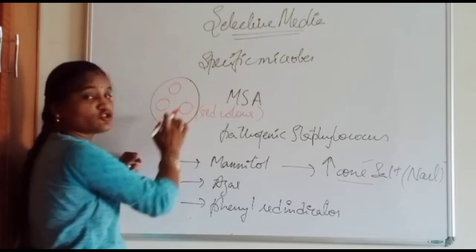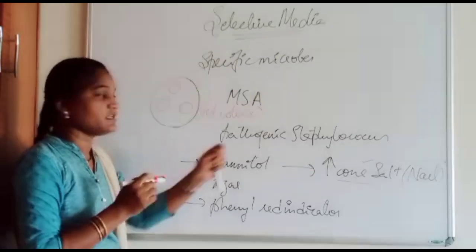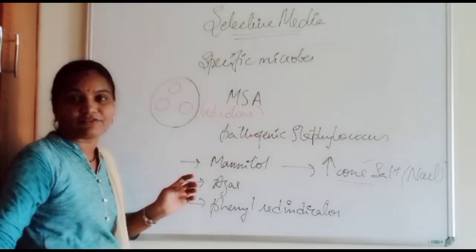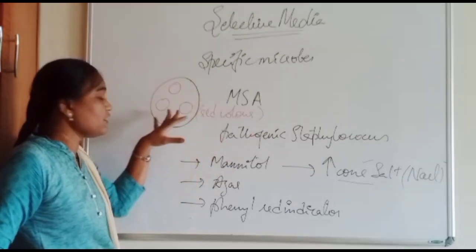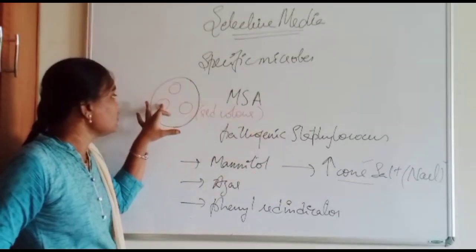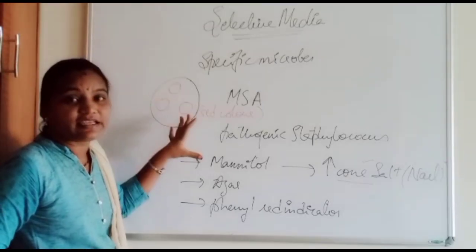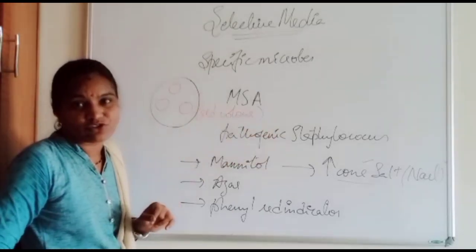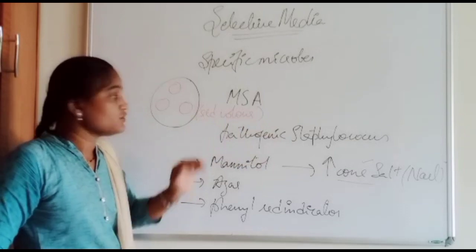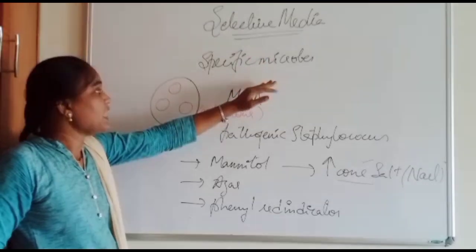The yellow zones are nothing but the presence of Staphylococcus species, while the remaining microbes are other than Staphylococcus. The yellow zones in this Petri plate indicate the presence of pathogenic Staphylococcus. So this is about your selective medium and MSA.